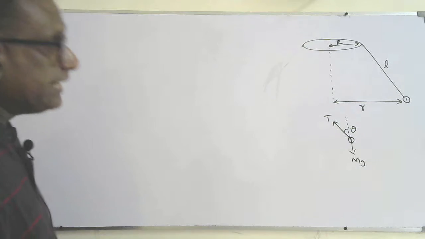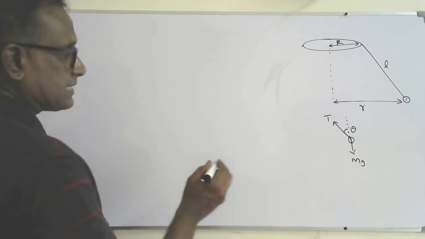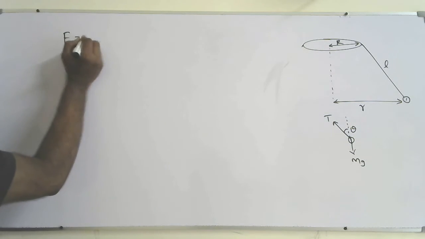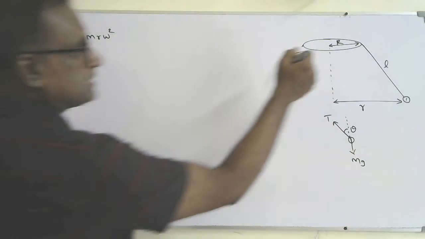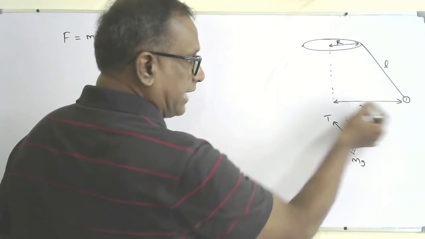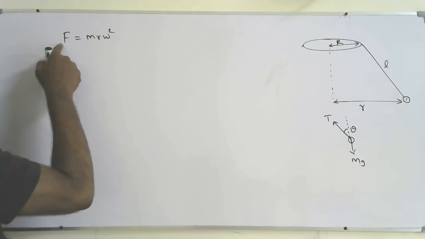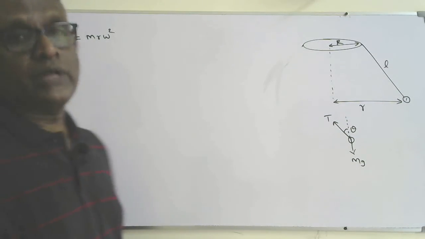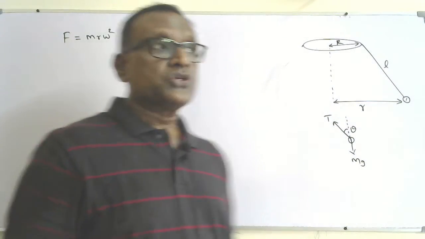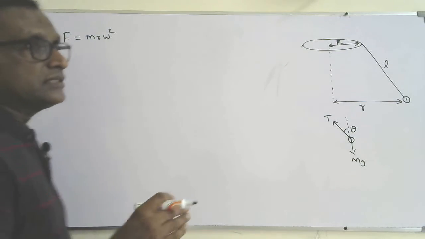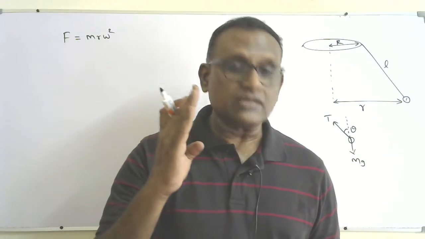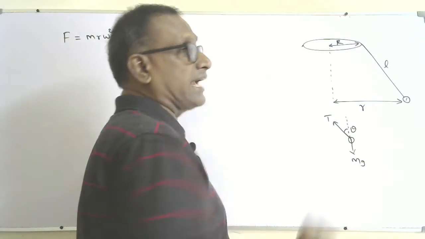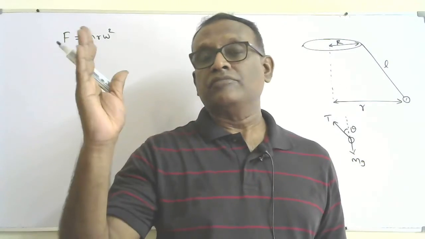So our radius is going to increase. When the radius increases, the centripetal force F equal to m r omega squared will increase. Radius of the circular path is increasing, so centripetal force will increase, right? Now when you think about the first statement by student A, he says when you increase the radius of the canopy, the string will become vertical.